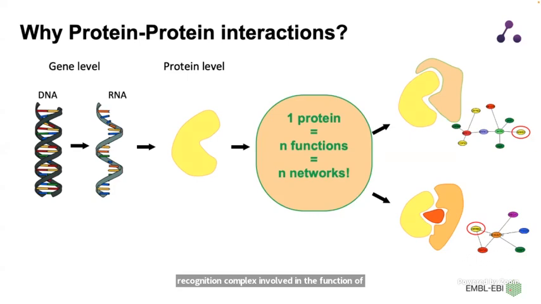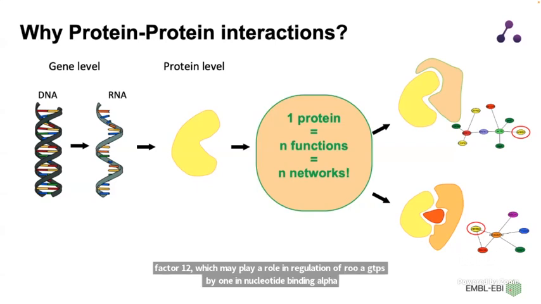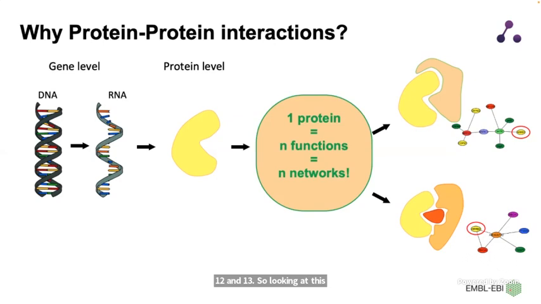In the network below, the same beta-arrestin 2 is interacting with Rho guanine nucleotide exchange factor 12, which may play a role in regulation of RhoA GTPase by guanine nucleotide binding alpha 12 and 13. Looking at this, we can understand that there are two different functions because of the different interacting partners involved in this context.